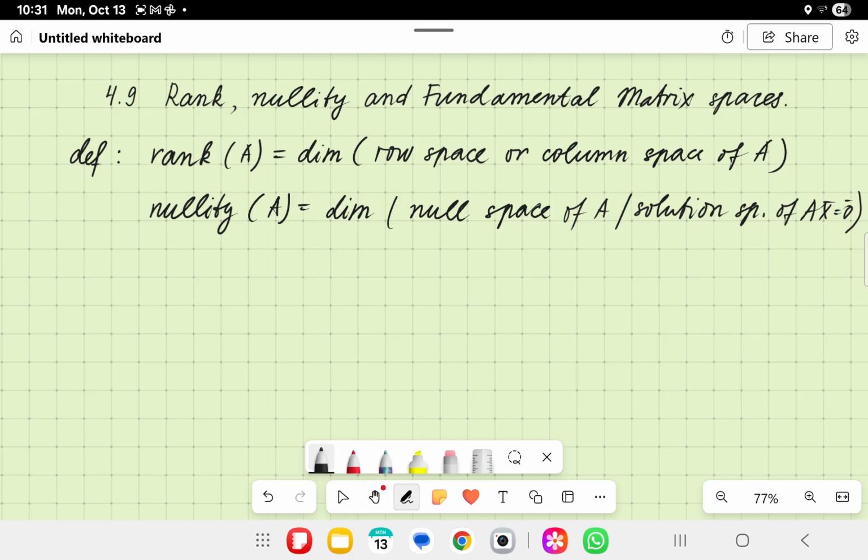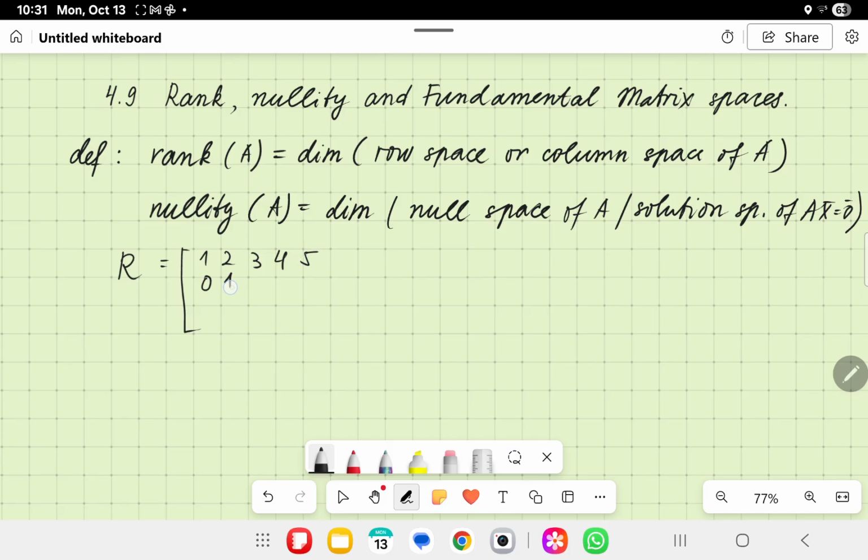The rows which are not going to disappear while you are doing the row operations are going to create a basis for the row space. I'm going to have an example over here.